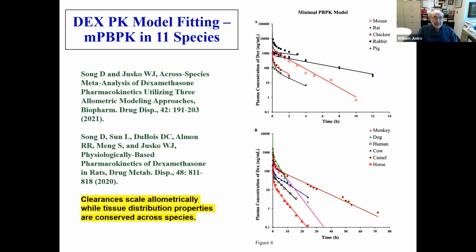And what we found is, as I just showed you, clearances scale allometrically, but the tissue distribution properties were conserved across species. So what that means is the blood flow, organ size, permeability, partitioning, everything pertinent to dexamethasone is about the same in all species, but clearance differs according to common expectations with body weight.